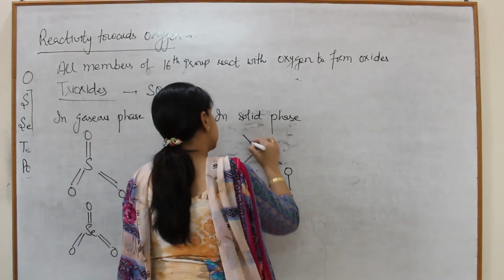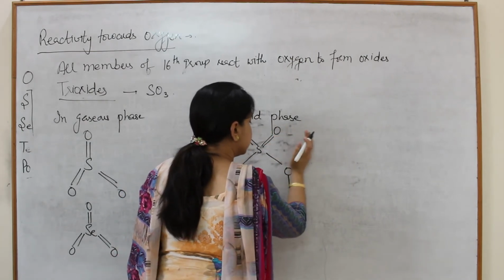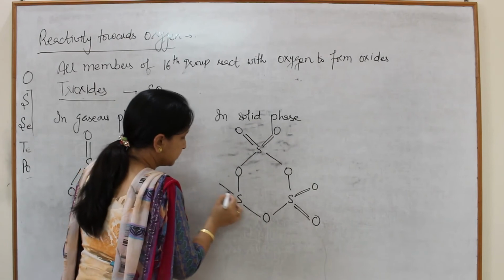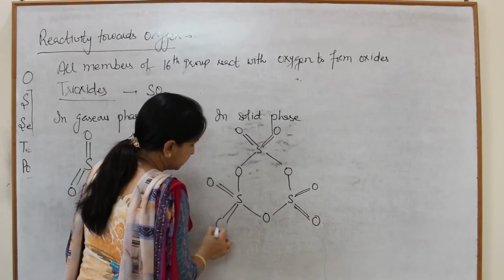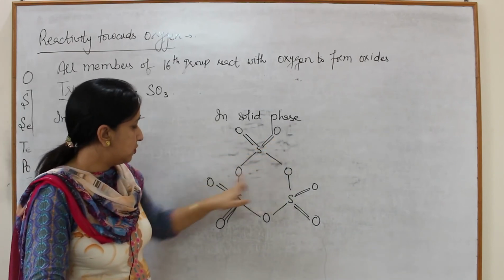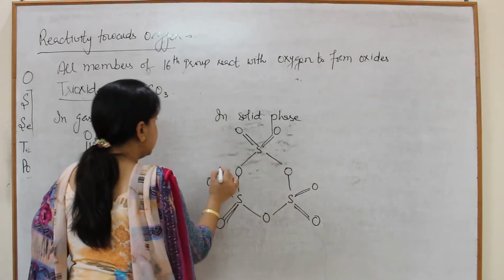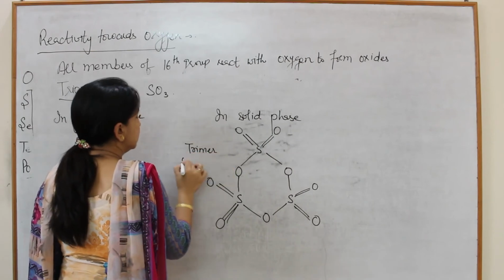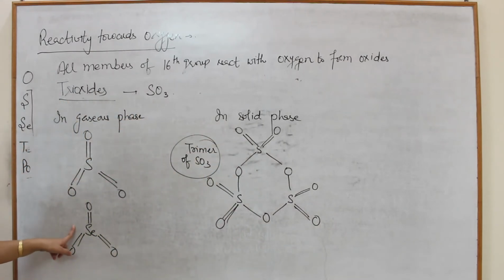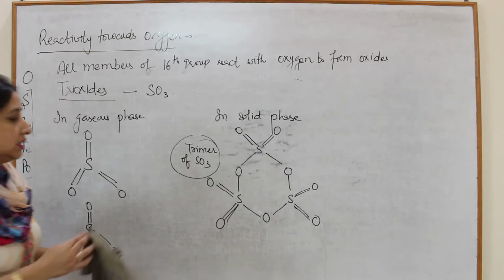Sorry, it will be like this. There will be a total of 9 oxygens, 1, 2, 3, 4, 5, 6, 7, 8, 9, and 3 sulfur. So it is the trimer of SO3 in the solid phase. Similarly, selenium trioxide also occurs as a tetramer in the solid phase.